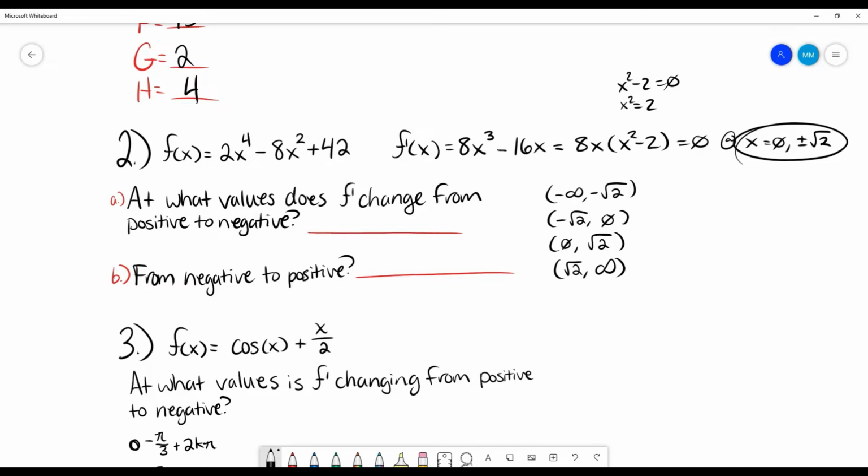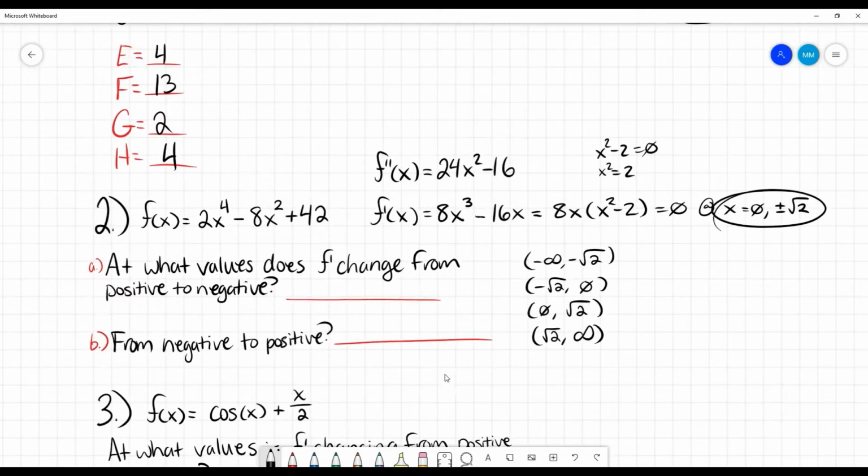Or I could take these 3 points that I found and do the second derivative test to see if they're maximum or minimum at that point, right? So if I take the second derivative, that's going to be 24x squared minus 16, right? And so I could just plug in negative square root of 2 into that and see what happens. I could plug in a 0, and plug in a square root of 2 and see what happens. And that'll help us picture what's happening.